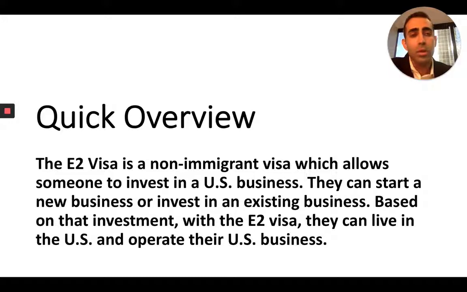They can either start a new business or invest in an existing business. And based on that investment, with the E2 visa, they can live in the United States and they can operate their business. So it's a great option. There's many reasons why it's a great option, and we'll leave that to another video. But to get started, let's go into the step-by-step approach about how to get the E2 visa.